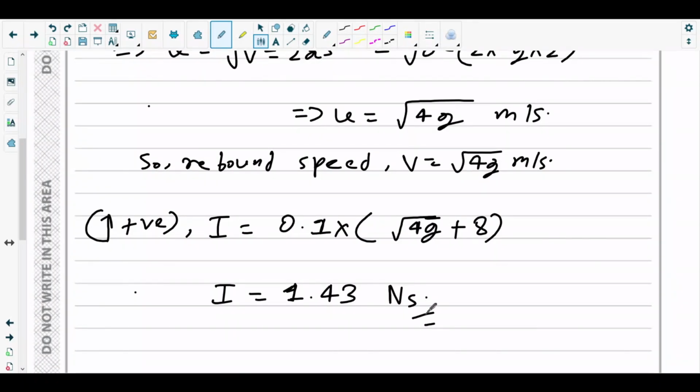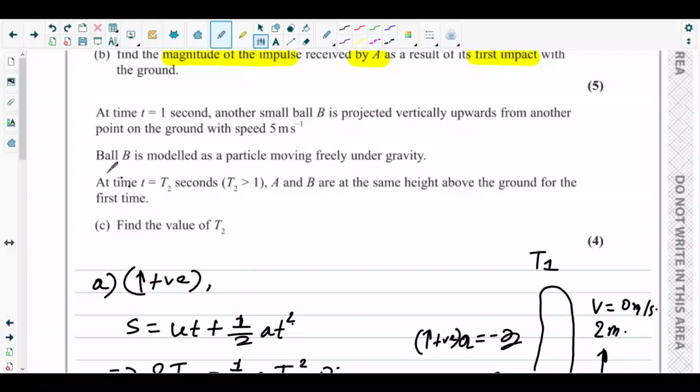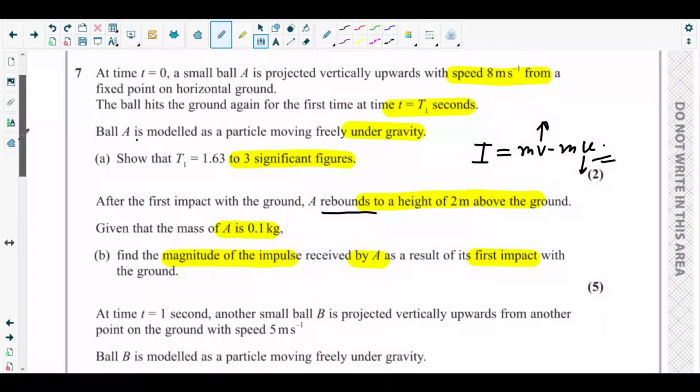You must give the unit because they wanted the value for the magnitude of impulse. So we got the impulse received by particle A. This is 1.43 Newton second, and that's what question 7b has asked for.